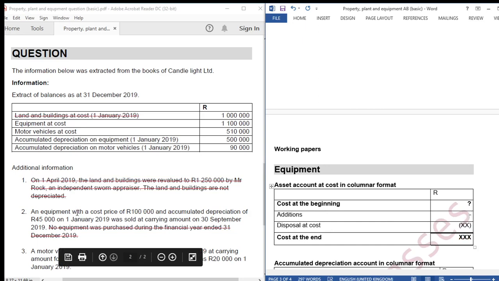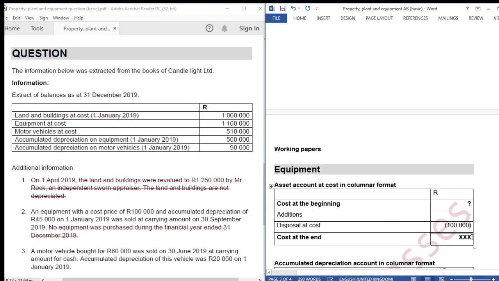Disposal at cost: an equipment with a cost price of 100,000 and accumulated depreciation of 45,000 on 1 January 2019 was sold at carrying amount on 30 September 2019. So this equipment was sold. The cost price of this equipment was 100,000. So the cost is 100,000.